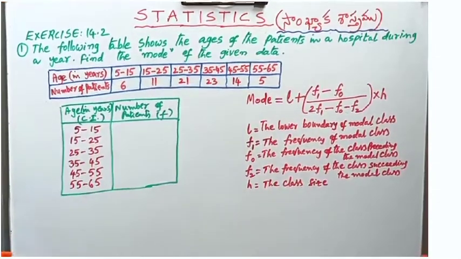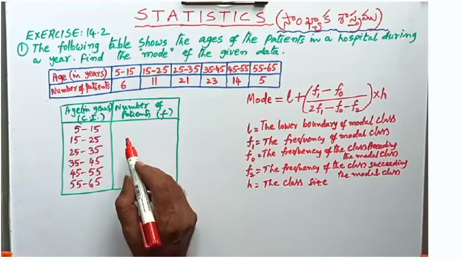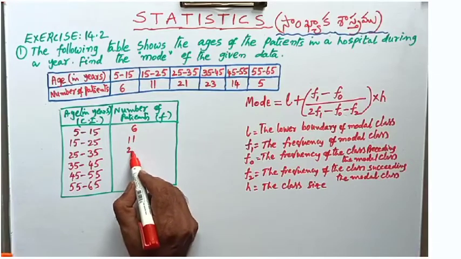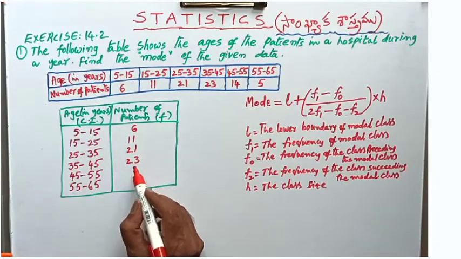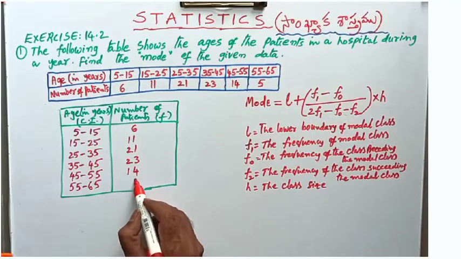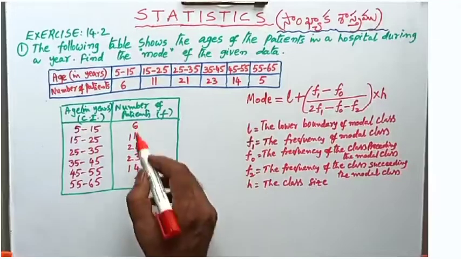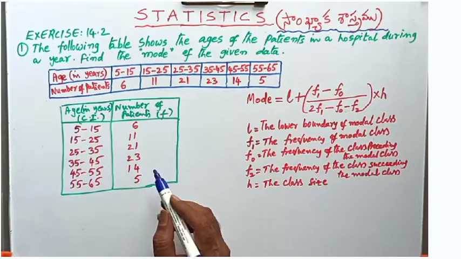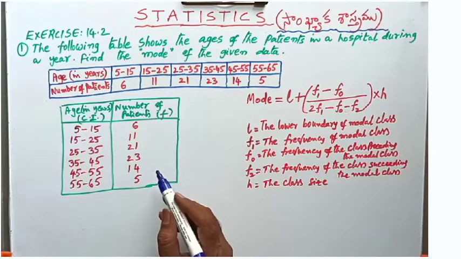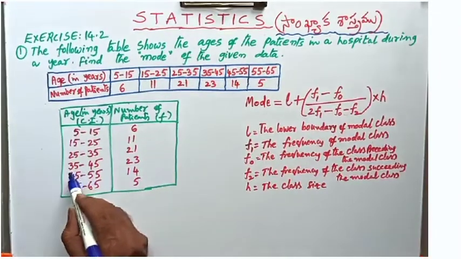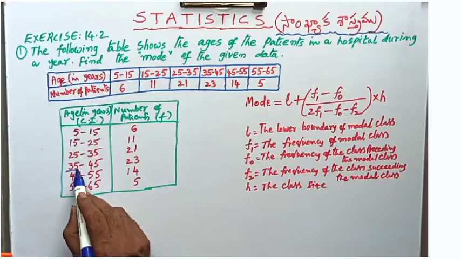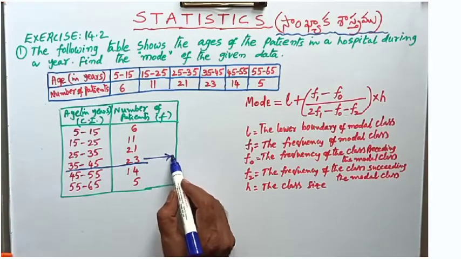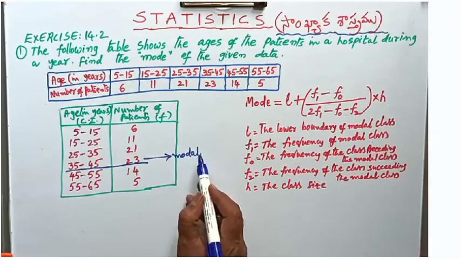So now write the frequencies: 6, 11, 21, 23, 14, 5. Now observe all these frequencies. Which is the highest frequency? 23. So 23 is the highest frequency. That's why the class with the highest or maximum frequency is called the modal class, and here this is the modal class.